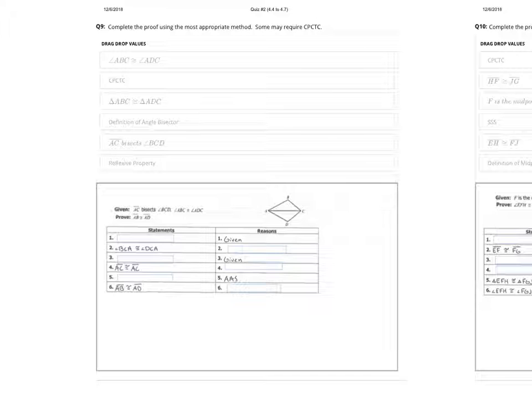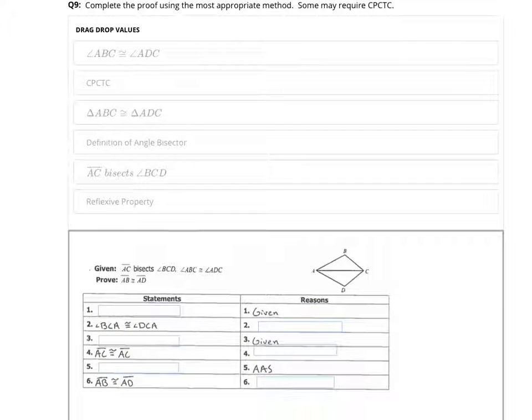Okay, number 9, same thing. Okay, I am going to kind of mark for you which ones are your statements, which would be here, here, and here. This is a reason, and a reason. Okay, which all the reasons go down there.